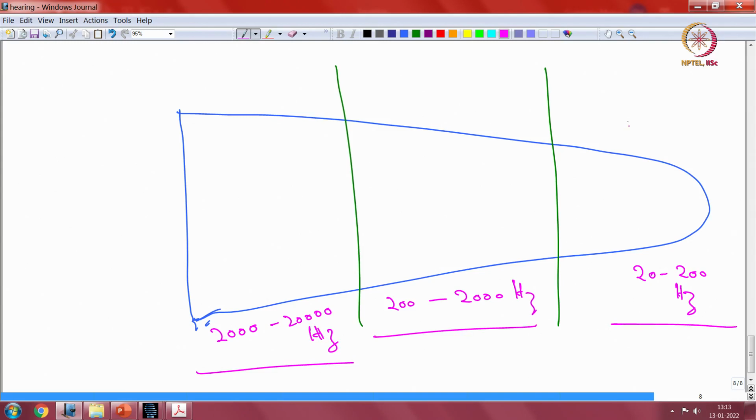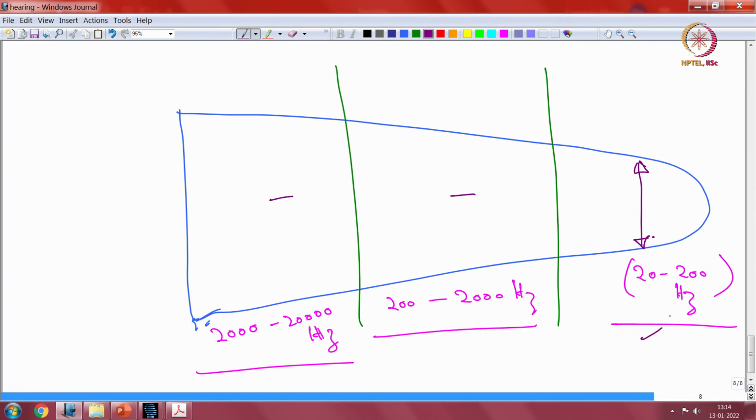What I mean is when you have frequency in the range of 20 to 200 hertz, there is maximal displacement over here and no displacement over here.